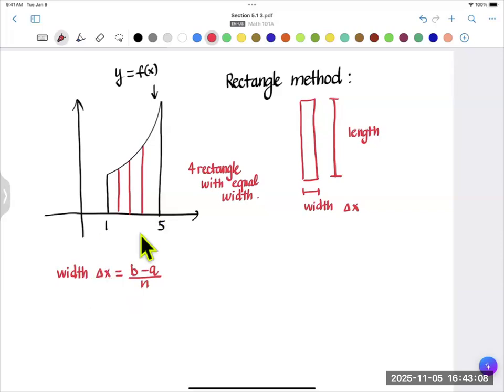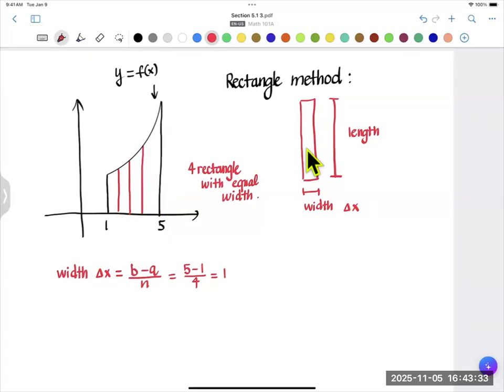So to find the width, you take the last number minus the first number and divide by how many rectangles you want. I'm dividing into 4 rectangles, so I take 5 minus 1 over 4. Clearly each rectangle has a width of 1: this has a width of 1, this has 1, 1, 1.